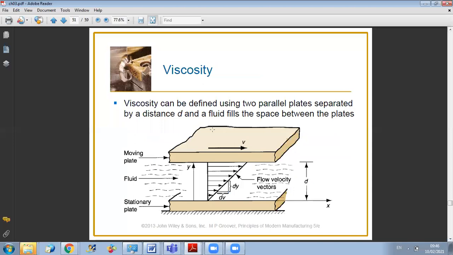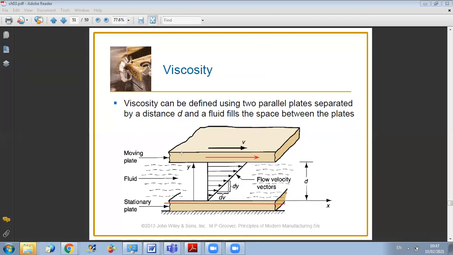A typical way to define viscosity is to consider two plates, one fixed, one moving, with a fluid in between. The lower plate is fixed, while the upper plate is in motion. This will create a variation in velocity in your fluid, because whenever you have a viscous flow, you have what is called the no slip condition.